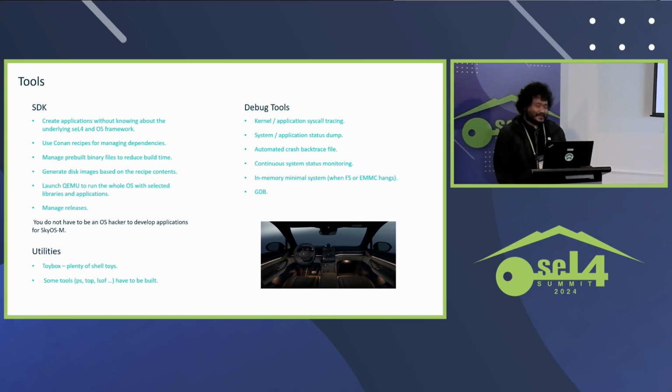But maybe you will ask, what if the file system crashes? Any guesses? Okay, if the file system crashes, we save the backtrace directly to the raw disk blocks. So you still get the trace of the crashed file system. But what if the eMMC driver crashes?